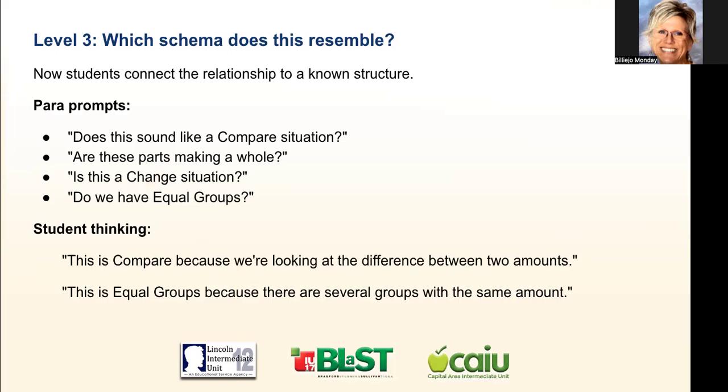Are we putting parts together to make a whole? Is a change happening? Do we have equal groups? So that our students can then think through problems in a way that they are going to be able to say: this is compare because we're looking at the difference between the two amounts, or this is equal groups because there are several groups with the same amount.